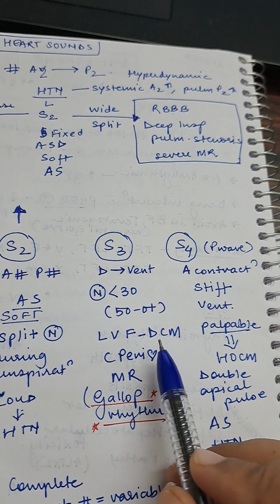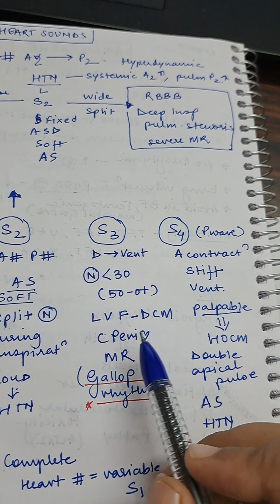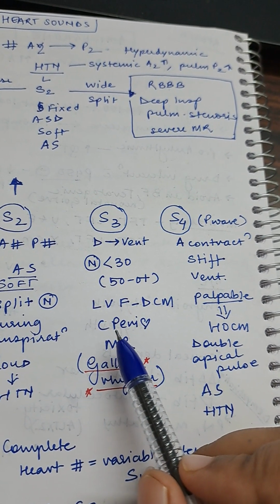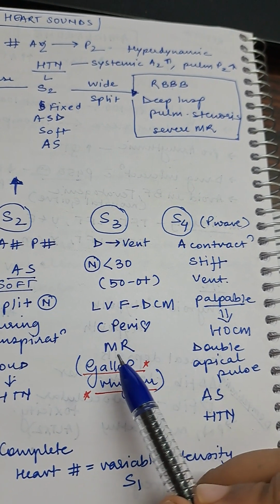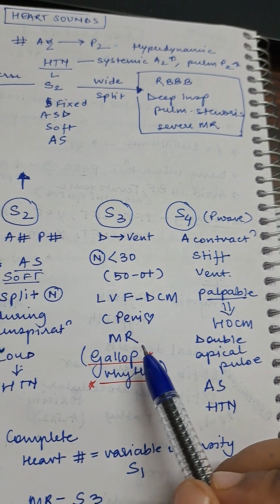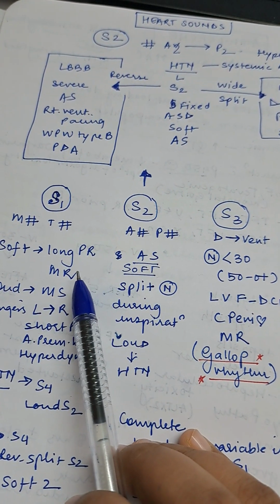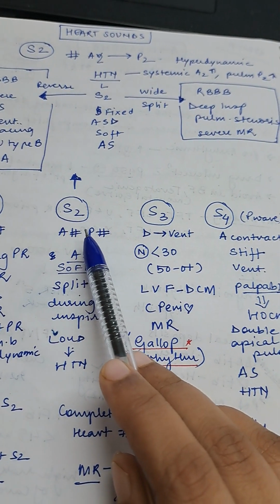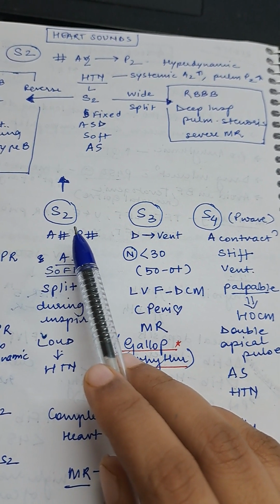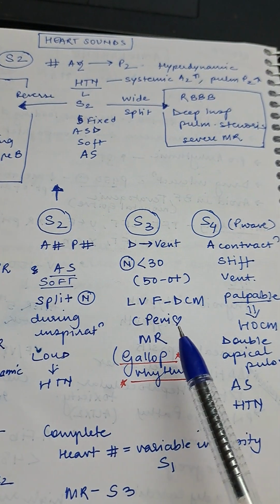It is seen in dilated cardiomyopathy, in constrictive pericarditis, and again mitral regurgitation. So here you have seen mitral regurgitation has got soft S1, widely split S2 in severe MR, and again S3 also you can hear.